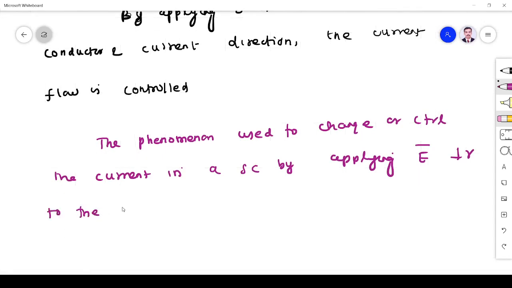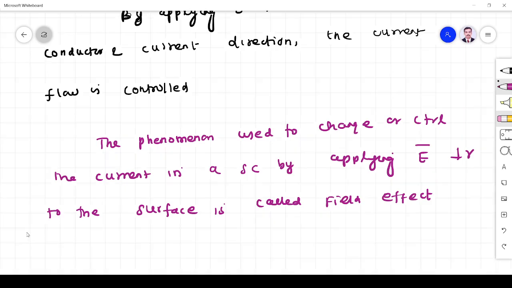That is called field effect. So that's why it is called field effect transistor. Here the electric field plays a very important role.